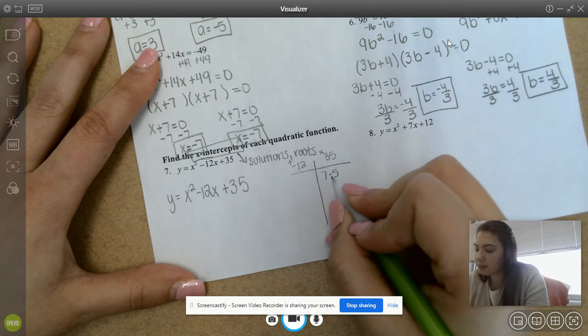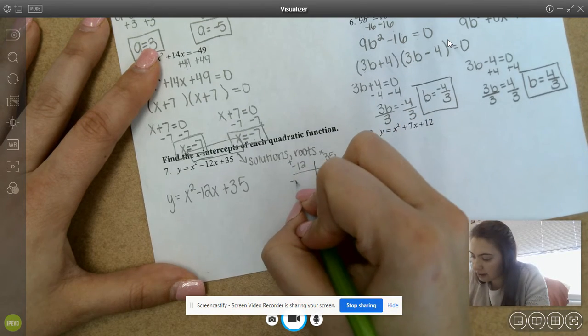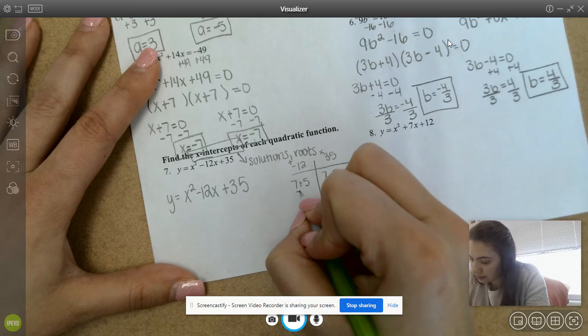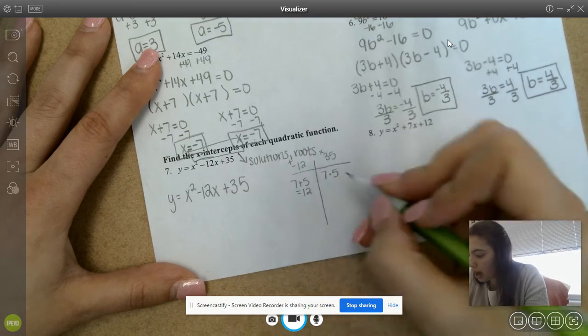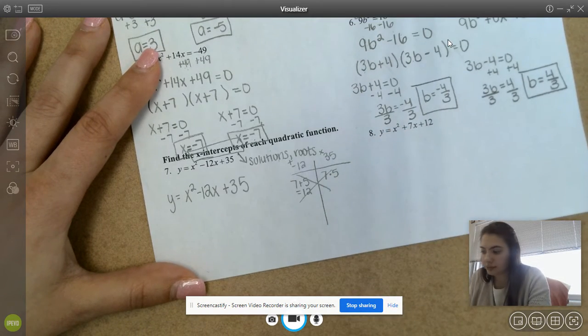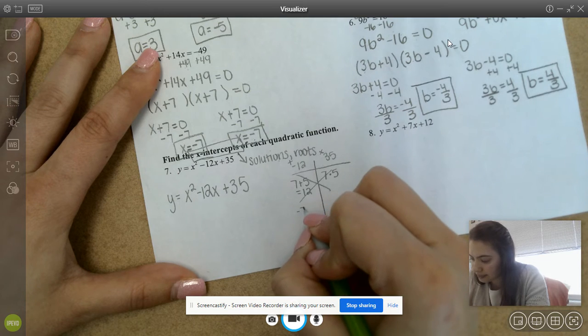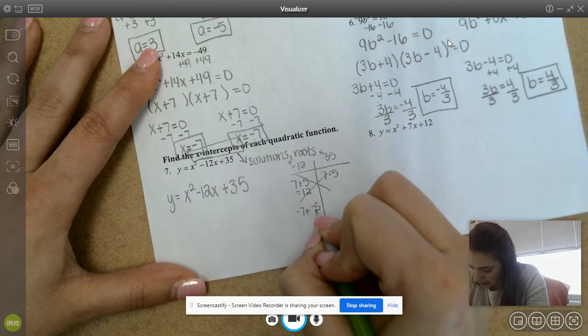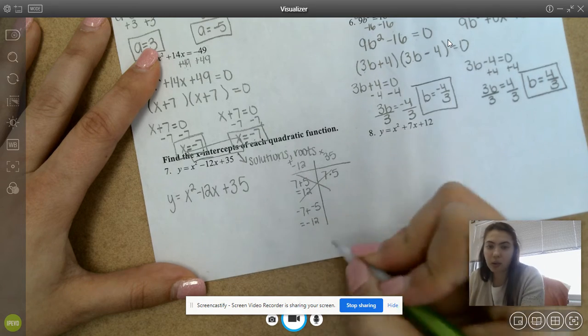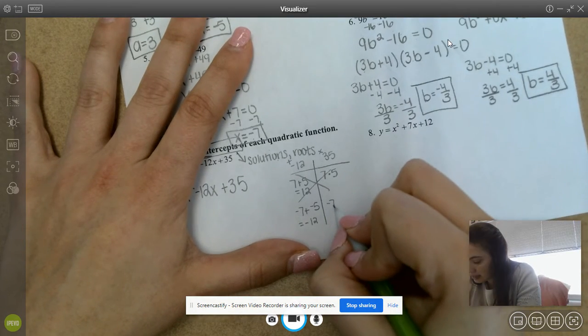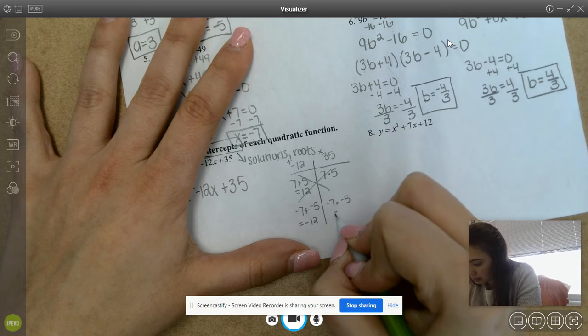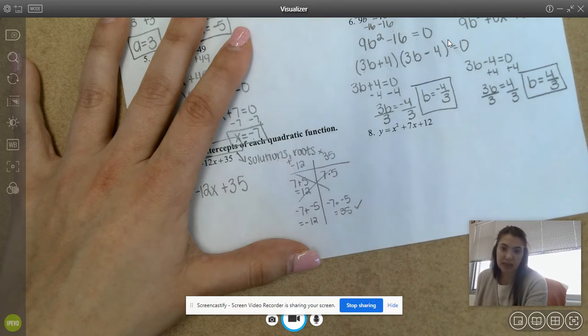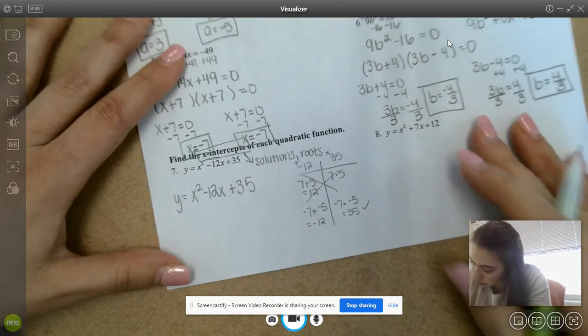So 7 and 5 give us positive 35, but 7 and 5 give us positive 12. We don't want positive 12. We want -12. So maybe we'll make -7 plus -5, and that gives us -12. That works. And -7 times -5 gives us positive 35. So boom, that works. Love it.